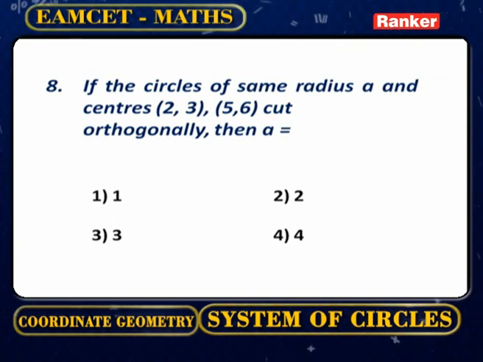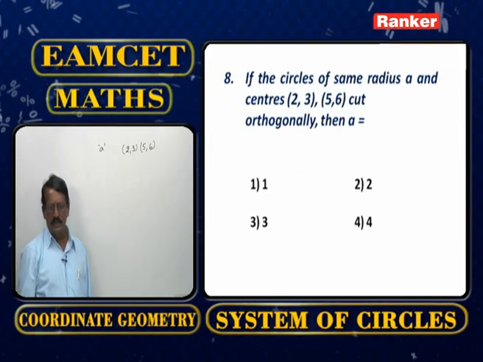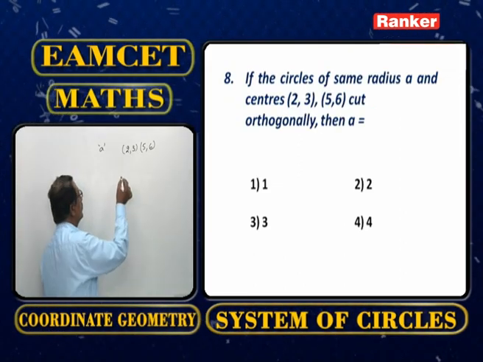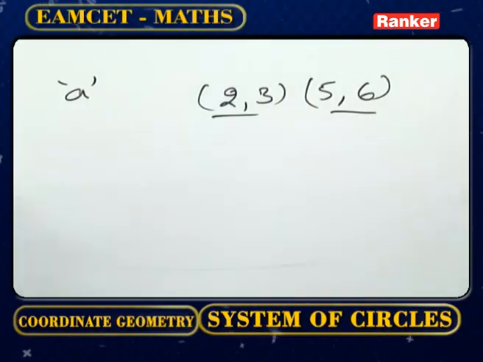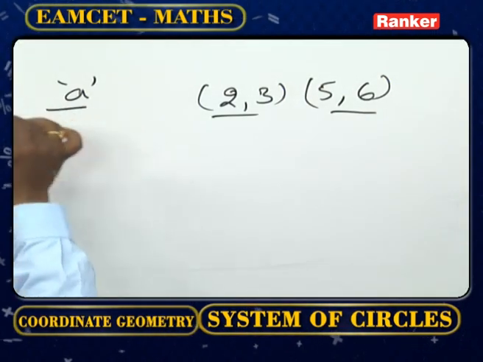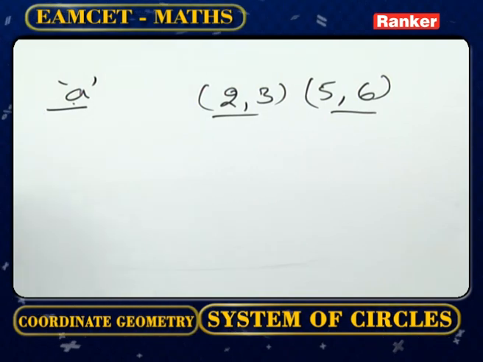The circles of the same radius a and centers (2, 3), (5, 6) cut orthogonally, then a equals to... Now the radius of the first circle is a, the radius of the second circle is also a, and the two circles are orthogonal to each other. We require the value of a.